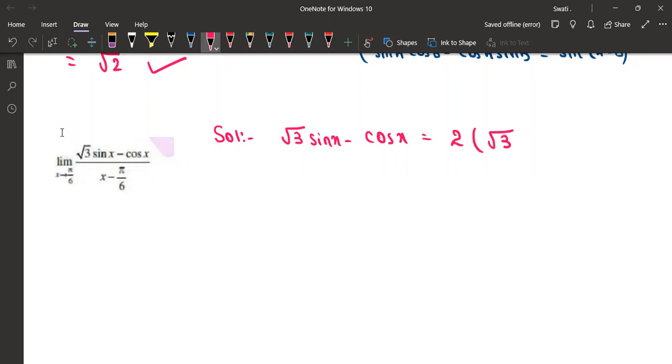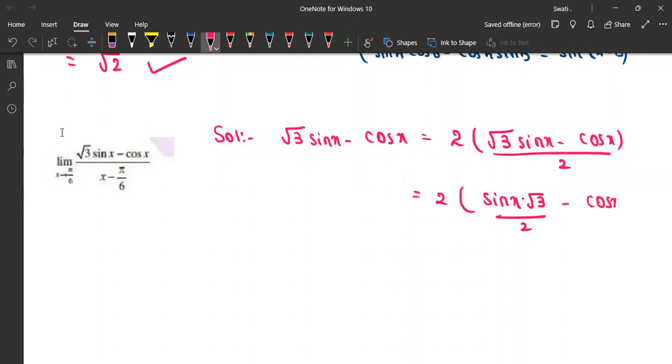And of course, I have to divide by 2 as well to balance it out, right? So I can write this as 2, and this sine x I'm writing first and then this root 3. I'm also distributing this 2, so over 2 here, and this is minus cos x over 2, right?